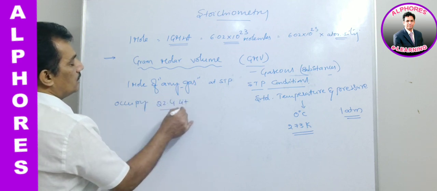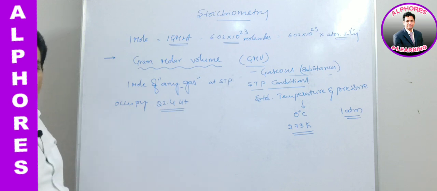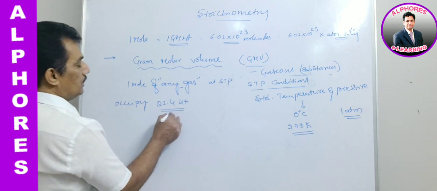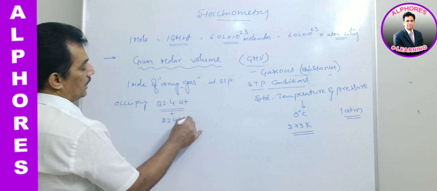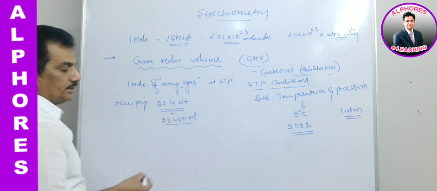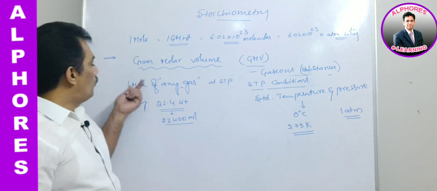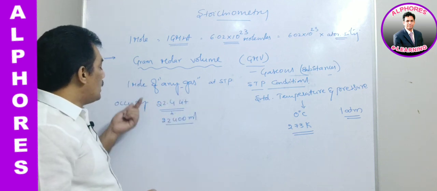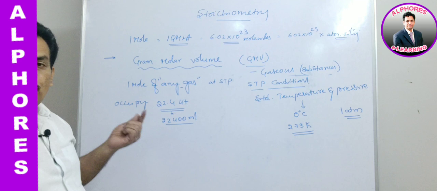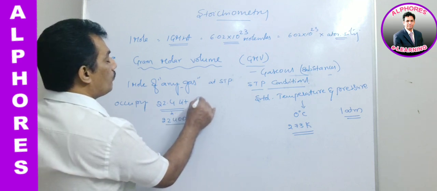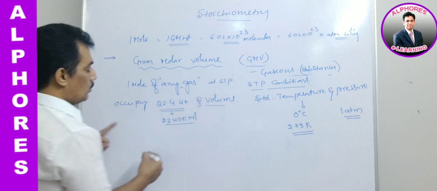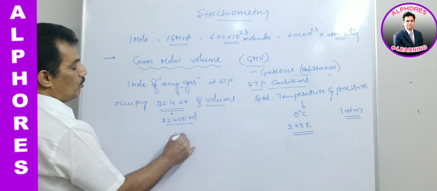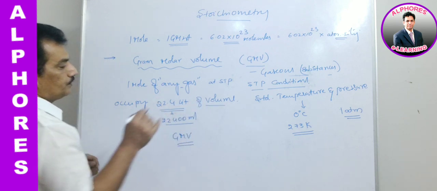Just remember, students, it is 22.4 liters, which is also measured as 22,400 ml or cc. So 1 mole of any gas at STP occupies 22.4 liters of volume. This volume is known as gram molar volume.